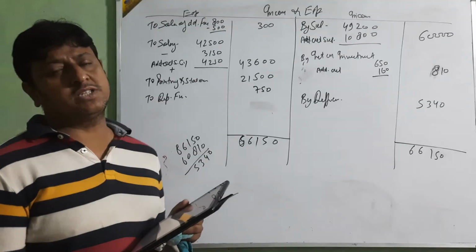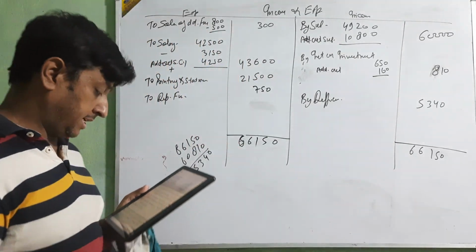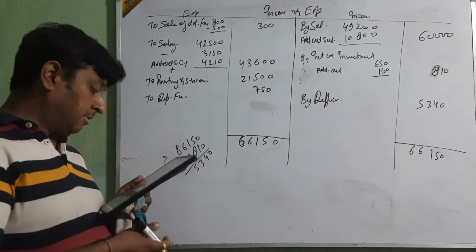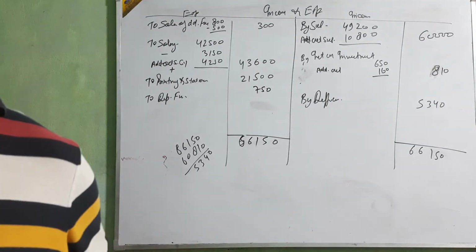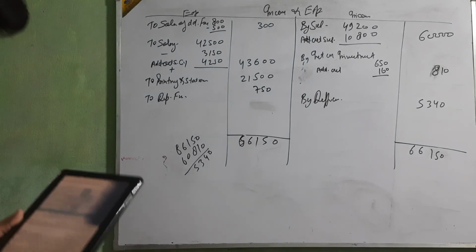Total 810 is needed, but only 650 is given. So 160 is what? It's the outstanding. In this question, they are saying only to make the income and expenditure account, nothing else.